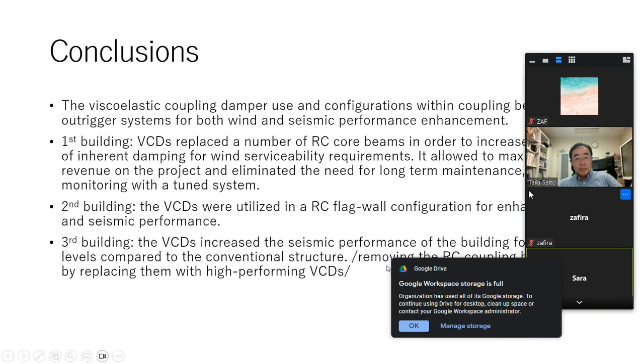Its main change is among the RC coupling beams, replacing them with the high-performing viscous coupling dampers.